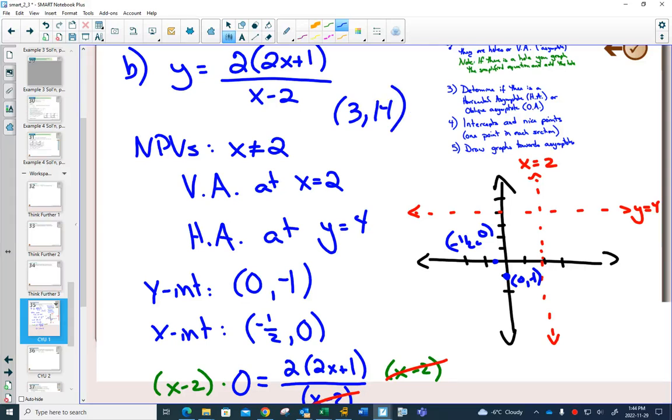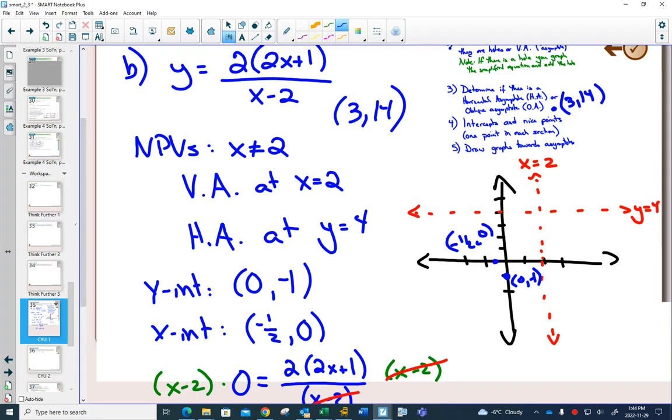Okay. This isn't the nicest as far as where it is on the graph, but I could go up 3, 5, 10, be about here. 3 comma 14. And that's all you would need is 1 point in each section.